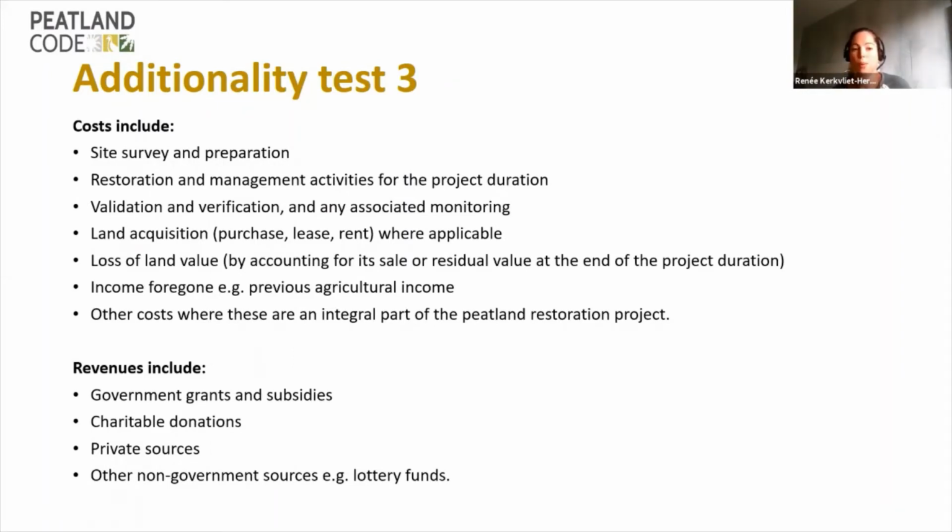So it's again site survey and preparation, restoration and management activities for the project duration, but also validation and verification costs, land acquisition, the loss of land value, income foregone, and other costs where these are an integral part of the peatland restoration project. Revenues here include government grants and subsidies, charitable donations, private sources, and other non-government sources, for example, lottery funds.